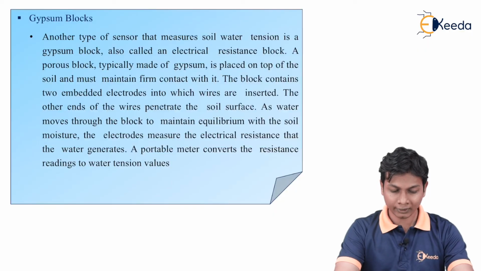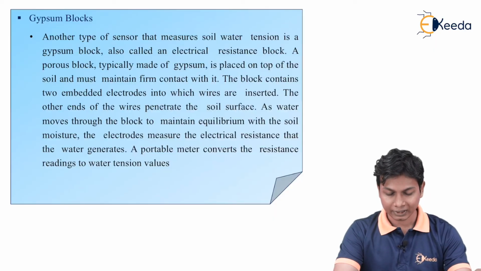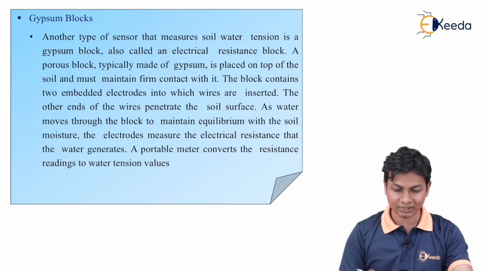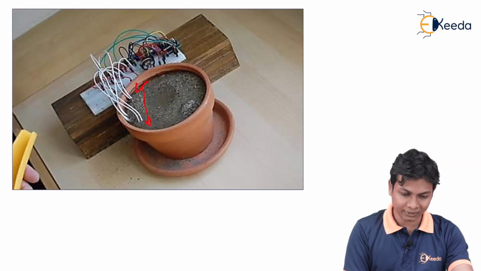The block contains two embedded electrodes into which wire is inserted, and the other ends of the wire penetrate the soil surface. See here again, they penetrate the soil surface.